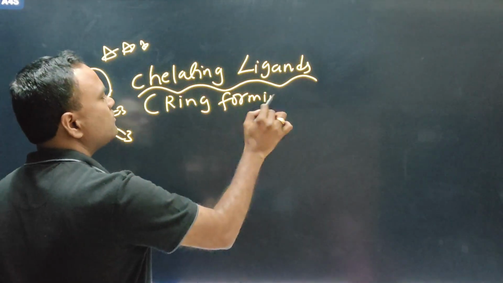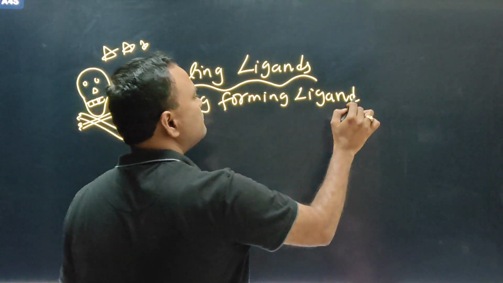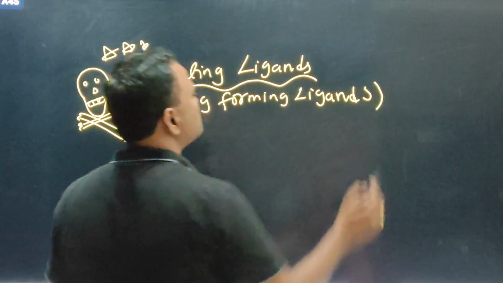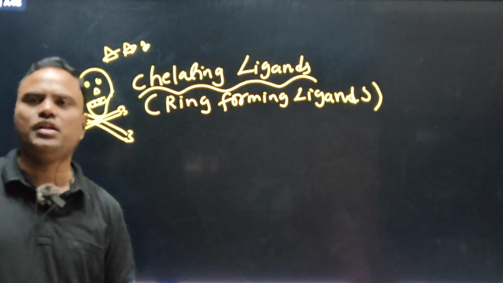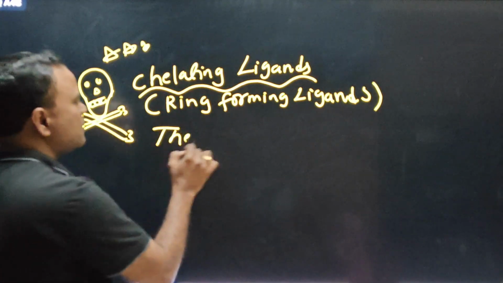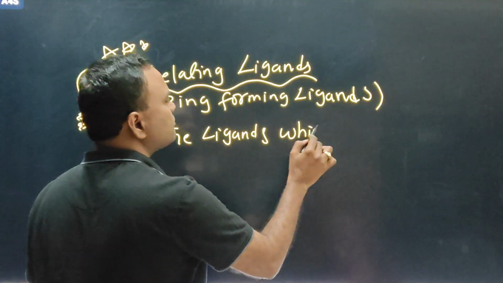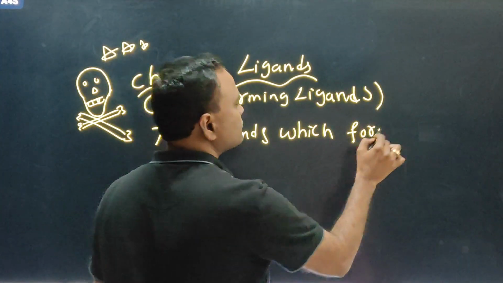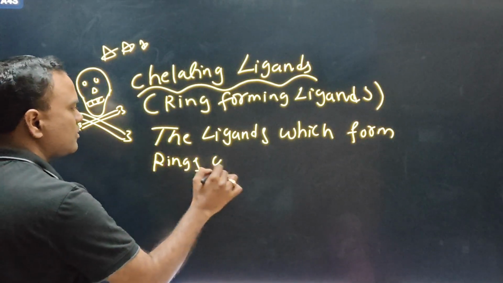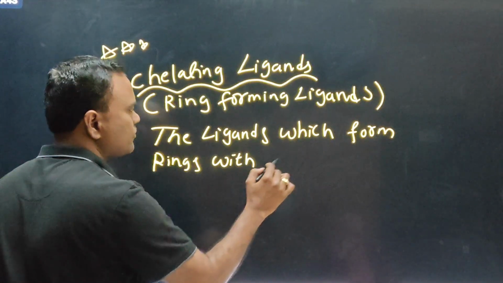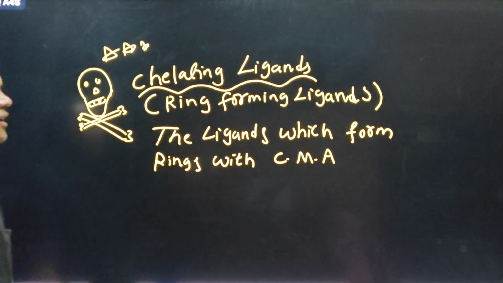The ligands which form rings with the central metal atom are called chelating ligands.